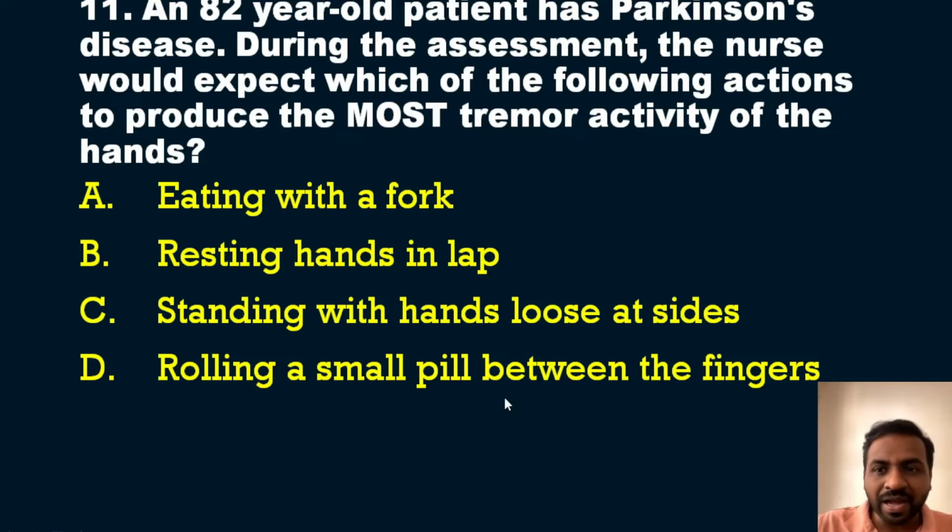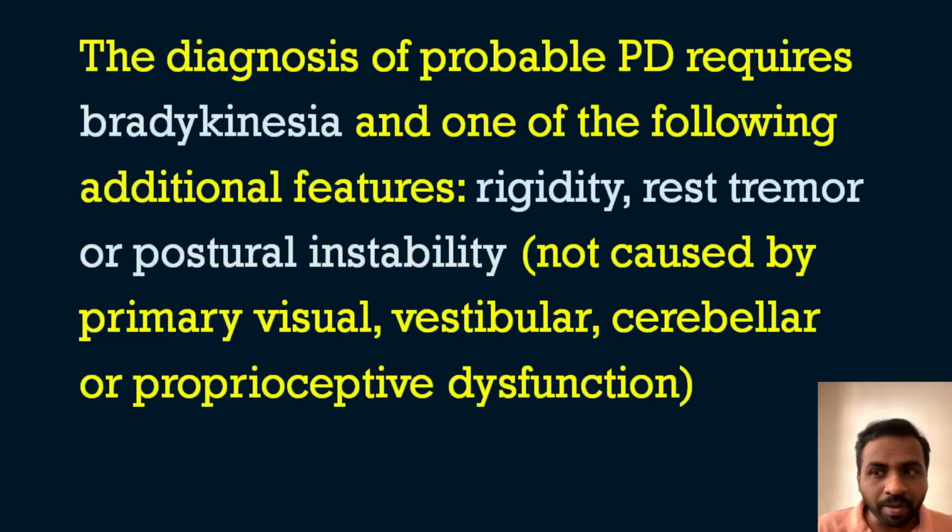But option number B is resting hands in lap. That means we can elicit the resting tremor and make a proper diagnosis of Parkinson's disease with the presence of other features like rigidity, postural instability, bradykinesia, etc. Okay, so I think this is very important.